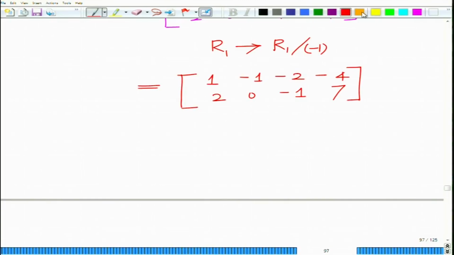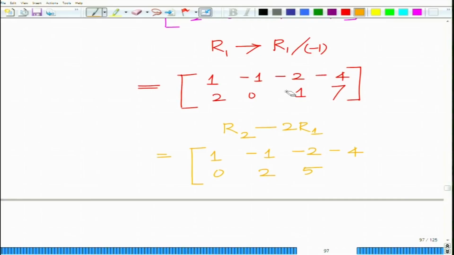Now, what we are going to do is perform R2 minus twice R1, the row operation. The first row will remain as it is: 1, minus 1, minus 2, minus 4. The second row will be 2R1 subtracted from R2.